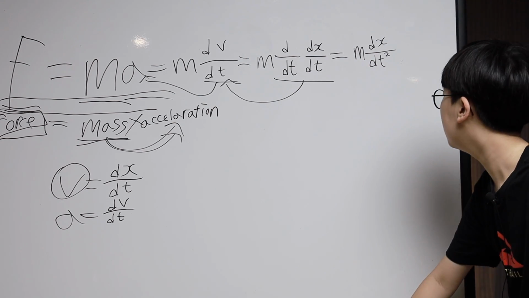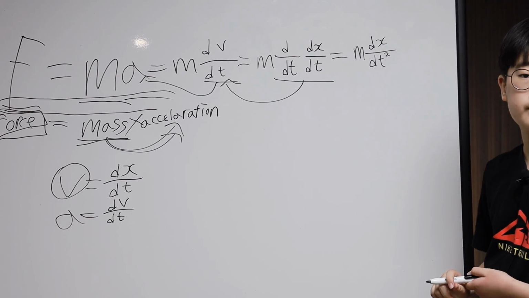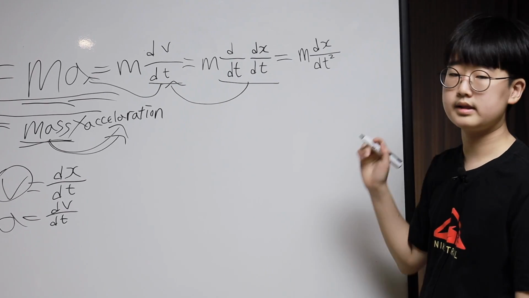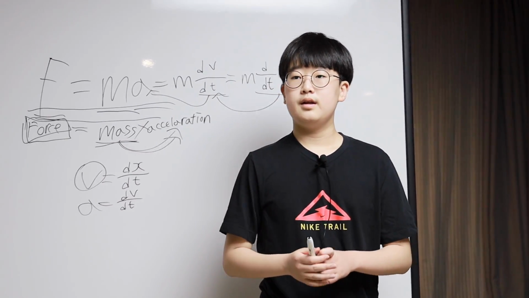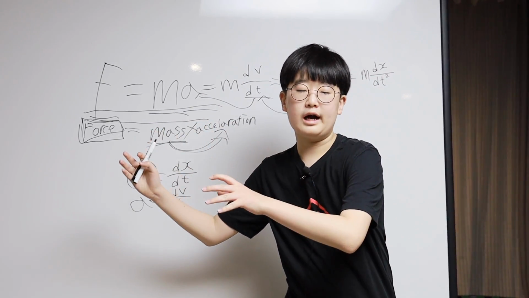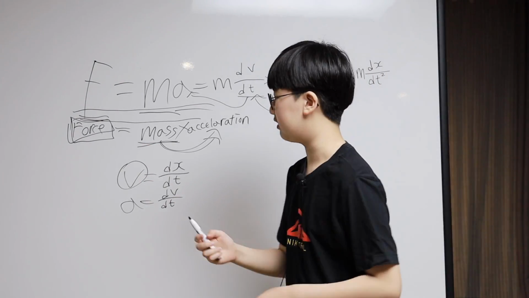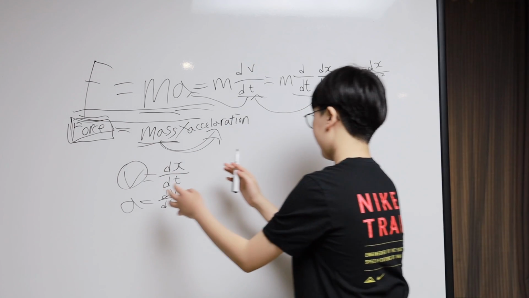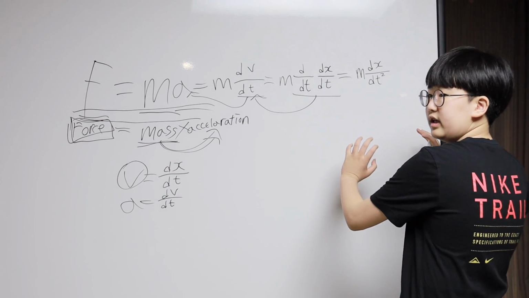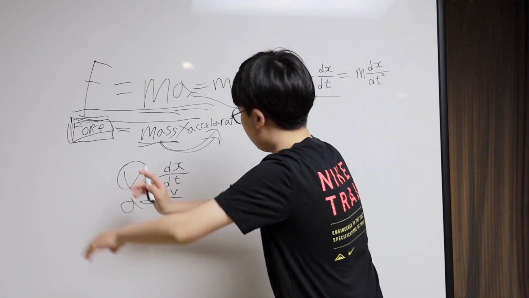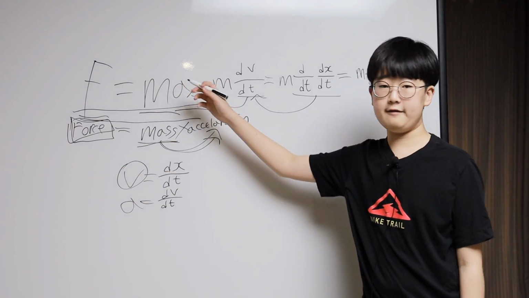And so now let's see what happens if time flows in the wrong way. Like if the time was flowing this way, and let's say it just suddenly goes this way. Now let's see what would happen to F equals ma.